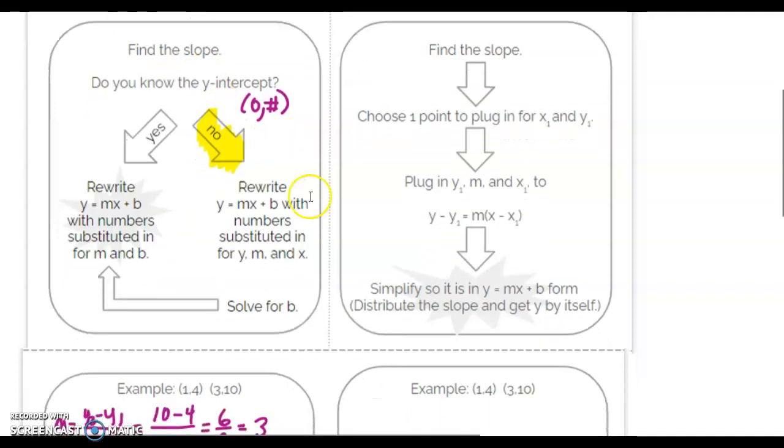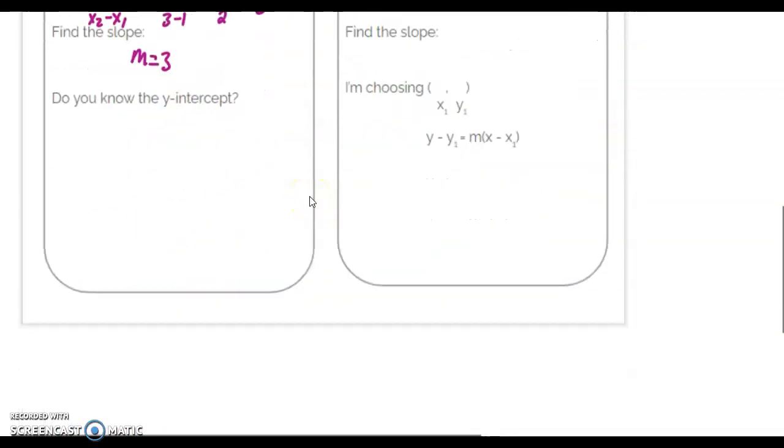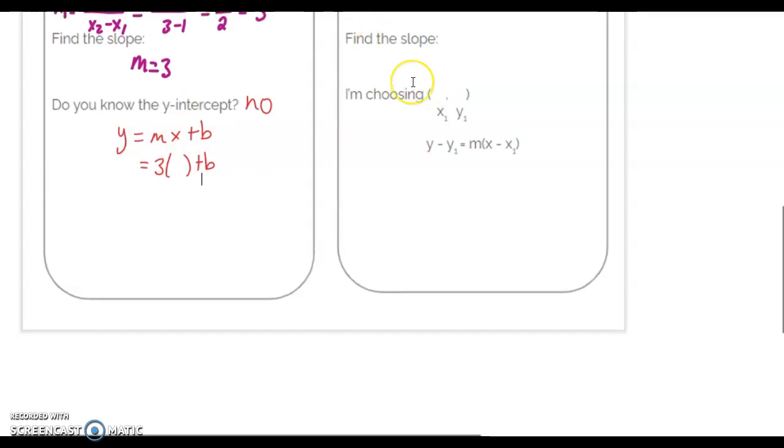So let's try that. Down here, since we don't know the y-intercept, we are going to put y equals mx plus b. Now we know m is our slope, and then we don't know b. We always leave b blank because if you looked at the instructions, it said substitute in for y, m, and x.